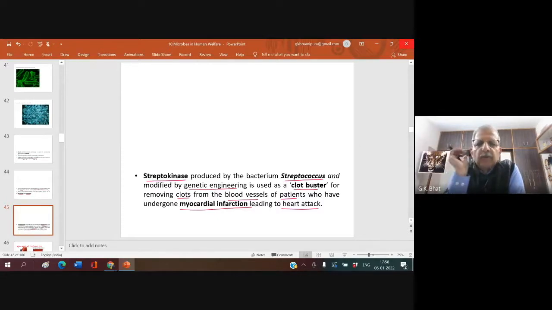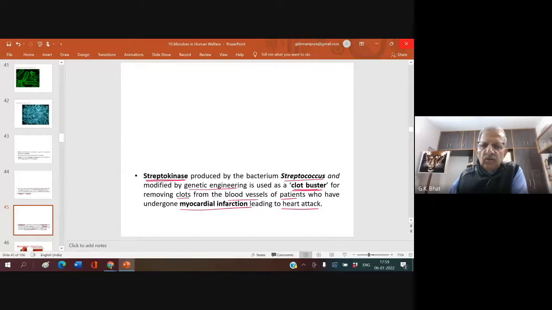In these people who suffered from heart attack, the blood vessels which are blocked, this blockage or clot was removed by what is called streptokinase. It is commonly used as a clot buster.